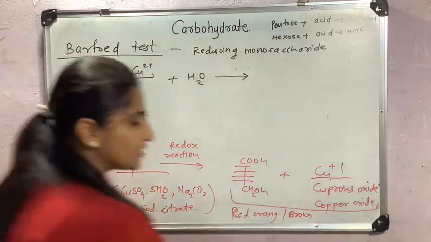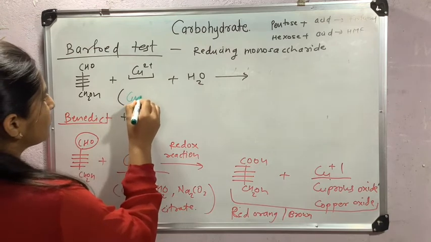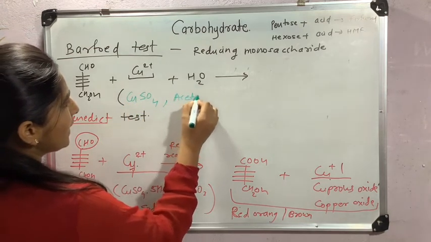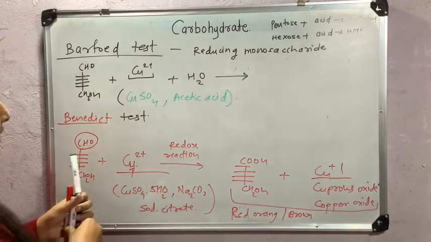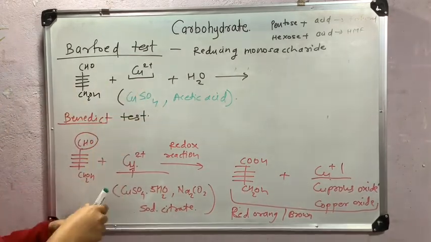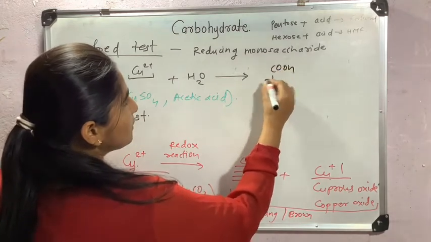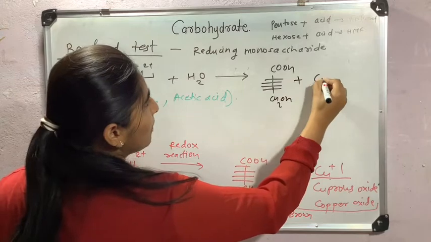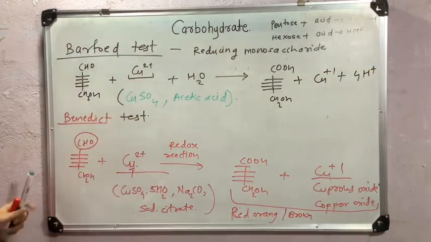Remember, Barfoed reagent is copper sulfate and acetic acid. What happens in this reaction? There is again a redox reaction. This will get oxidized and this will get reduced, and we get COOH, that is carboxylic acid, plus copper in +1 oxidation state and 4 protons.